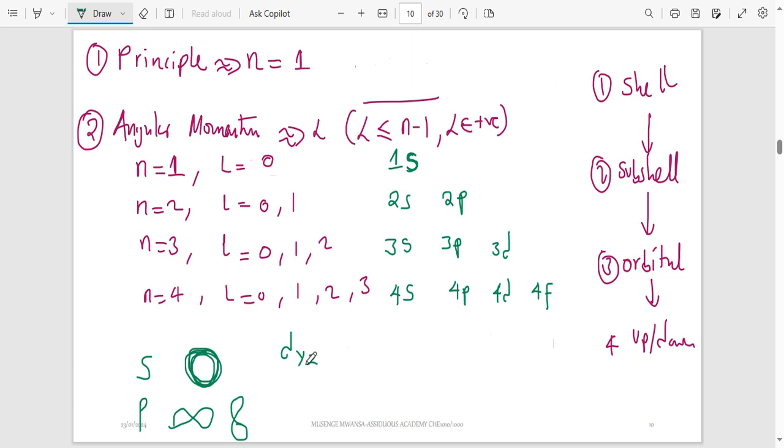The appearance of these is a bit weird. You also have dxy. You also have dxz. In other words, you are just combining the x-axis, the y-axis, and the z-axis. Let me write this on the next page so that it can be clear.